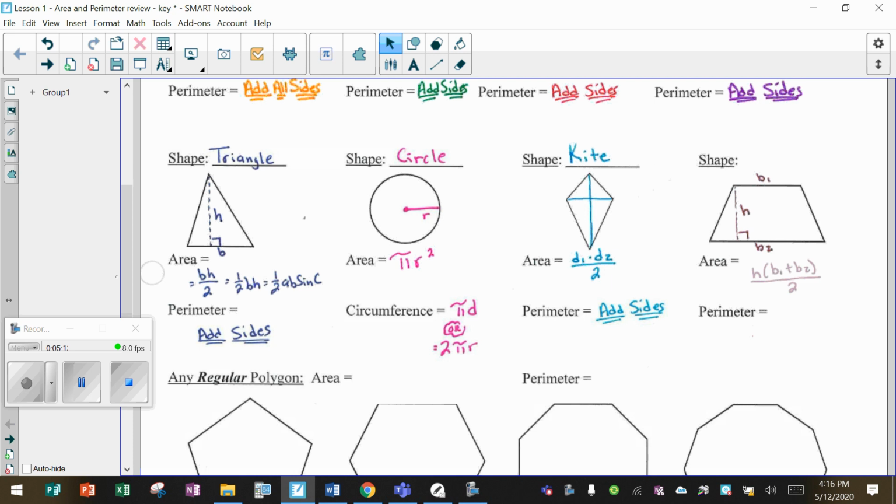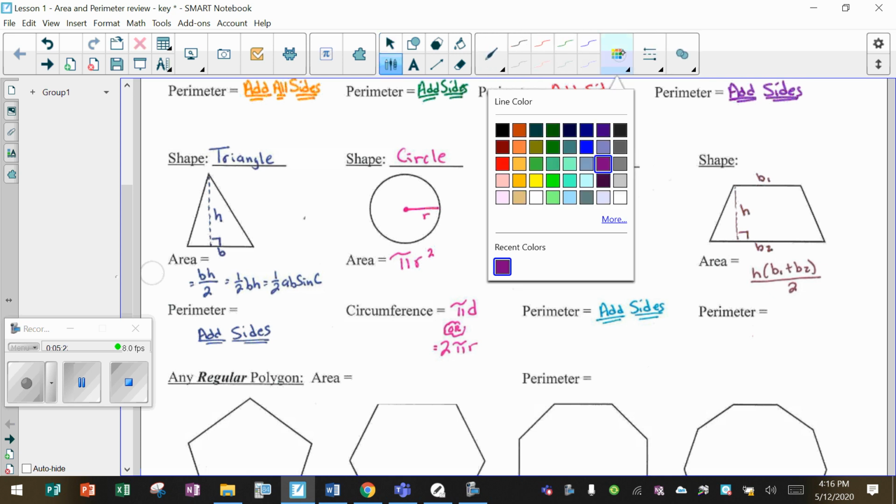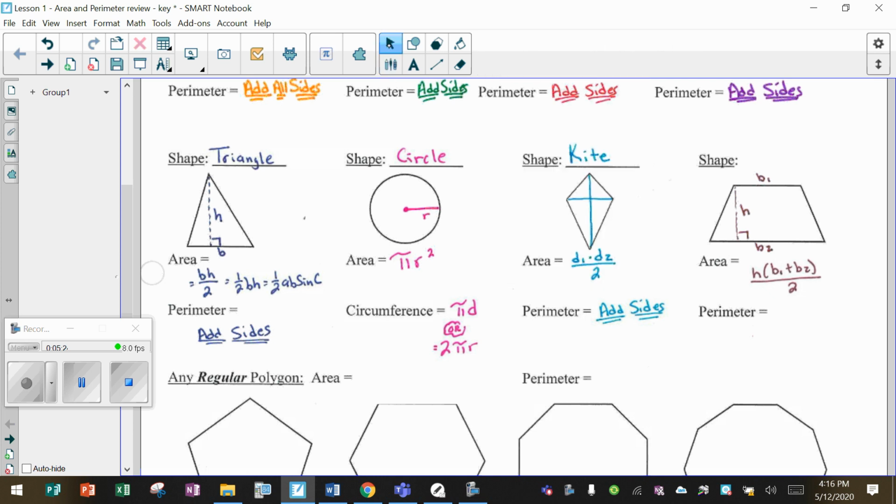Trapezoid. We take our height times the sum of the bases divided by 2. Now, I've talked about this a couple times before in class, here and there. It's a while ago. Basically, it's almost like a parallelogram where it's base times height, but it's technically the average of the bases.